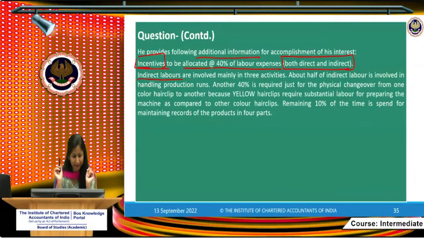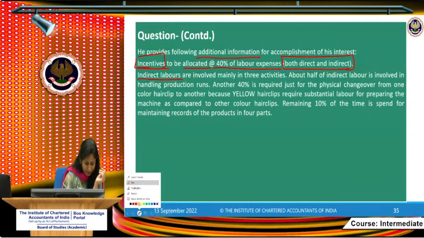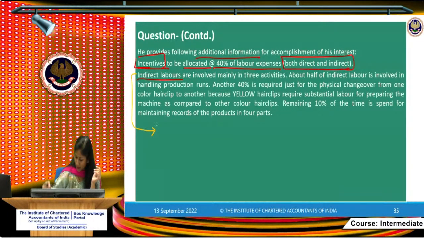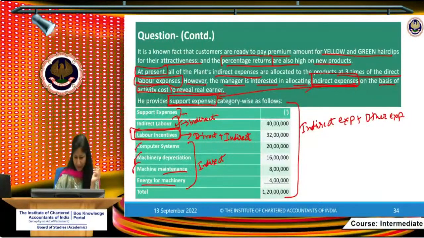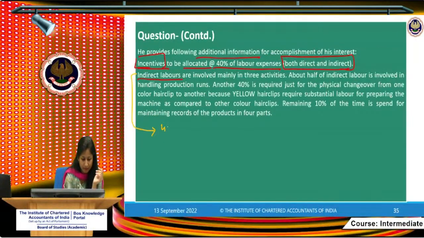Let's write down one by one here. What are the expenses? Indirect labor, what amount did we have? 40 lakh, plus incentive at 40%, 16 lakh. Total 56 lakh. This is the indirect expense, the total indirect labor expense.